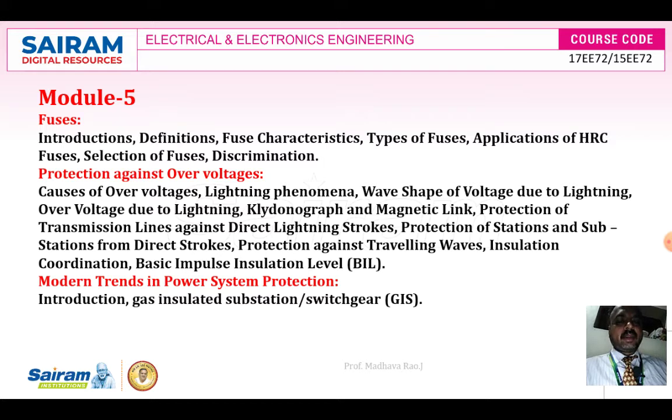kinematograph, magnetic link, protection of transmission lines against direct lightning strokes, protection of station and substations from direct strokes, protection against traveling waves, insulation coordination, BIL, that is basic impulse insulation level.